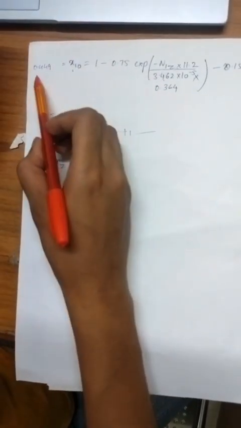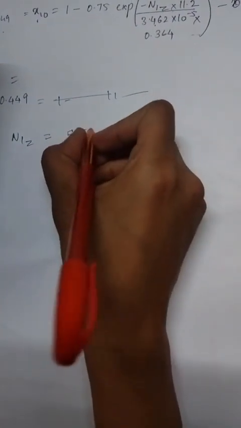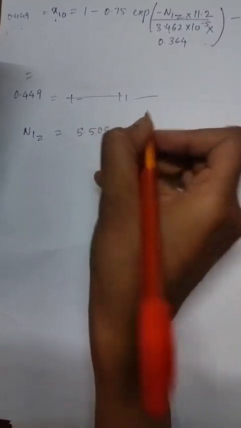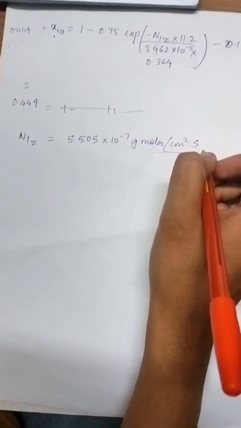So substituting all the values and finding n1z, we will get 5.5. So your n1z is 5.505 into 10 raised to minus 7 gram moles per centimeter square. All the units are in CGS.